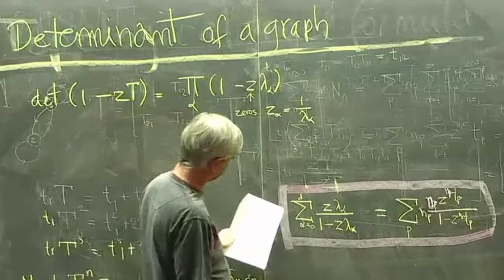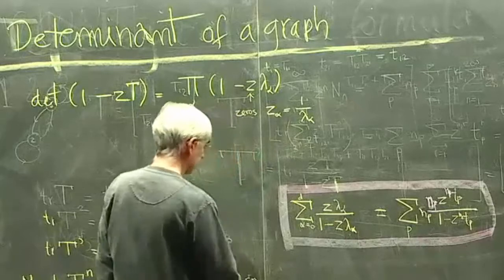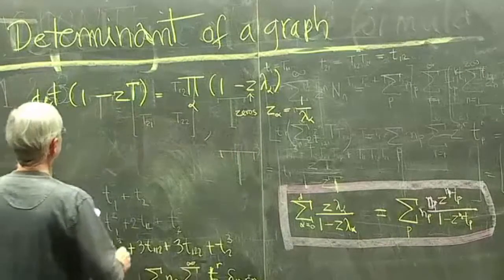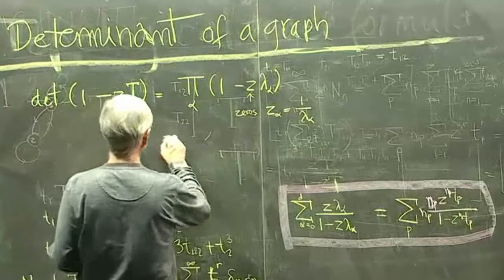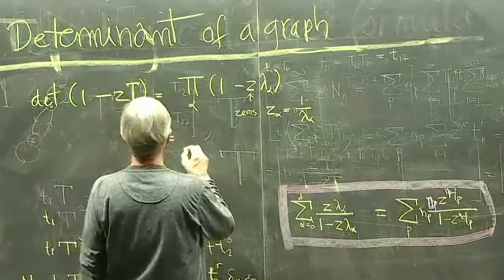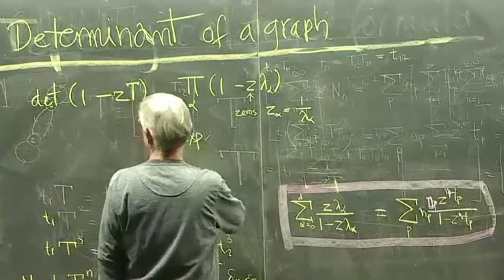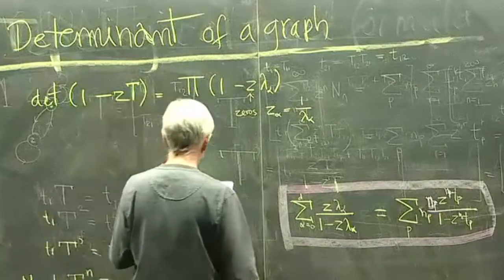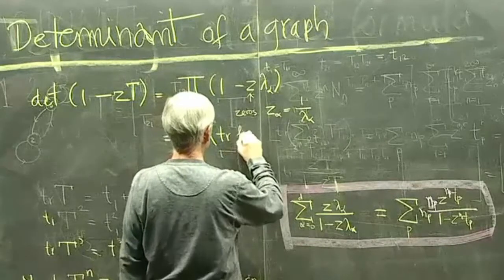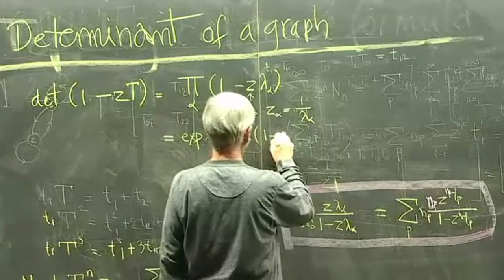Now, what does that have to do with our trace formula? The left hand is a trace of this evolution operator. Remember, we did this, and you must have done it other times. We can write a determinant as exponent of trace of log of the matrix.